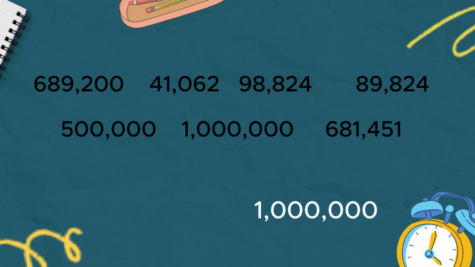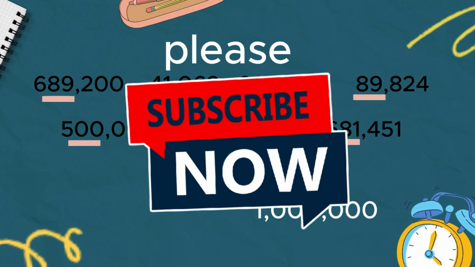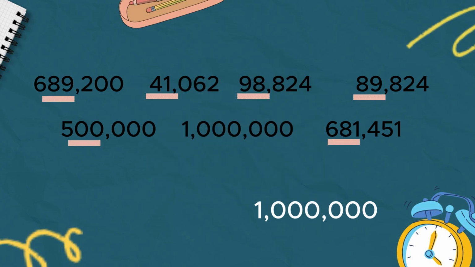Next step is to compare the remaining numbers with their last periods, which is the thousands period. Again, we will arrange this in ascending order. So the least number is 41. So this number is the first in the order.